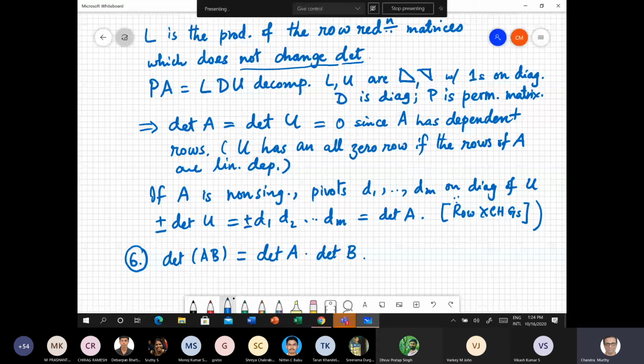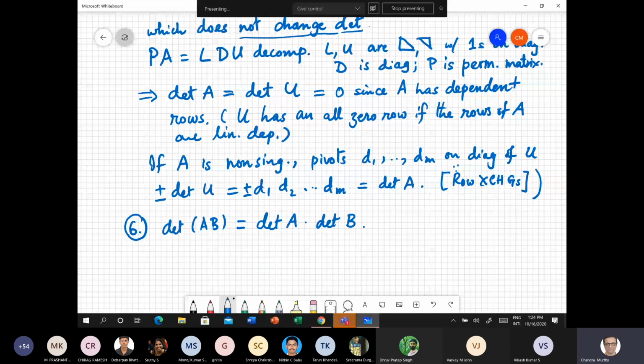Okay, so do any of you know how to show this? How does one show that determinant of AB equals determinant of A times determinant of B?